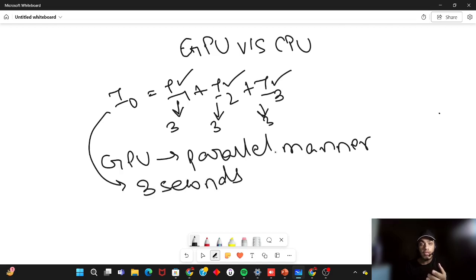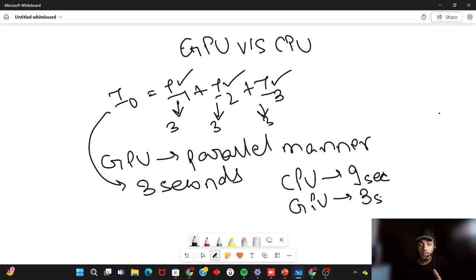Now this is a major reduction in time. 3 seconds is because when it's computing the value of I1, at the same time it's computing the value of I2, and at the same time it's computing the value of I3. So the calculation where the CPU took 9 seconds, the GPU takes only 3 seconds, just one third of the time.